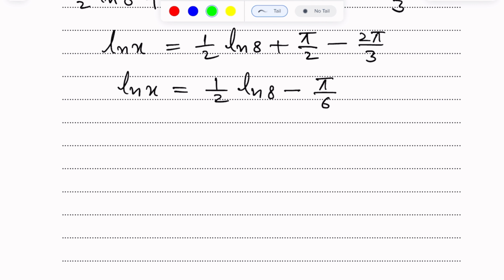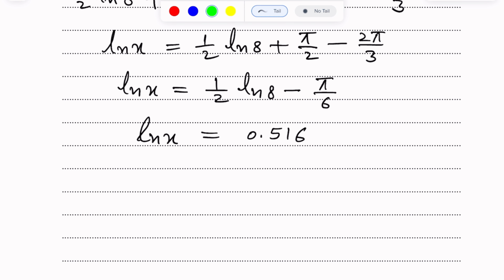Now using the calculator on the right hand side, we get log x is equal to 0.516. Now we will take anti-log.